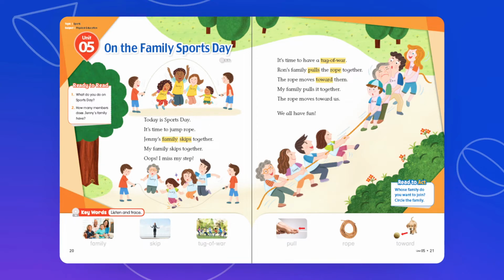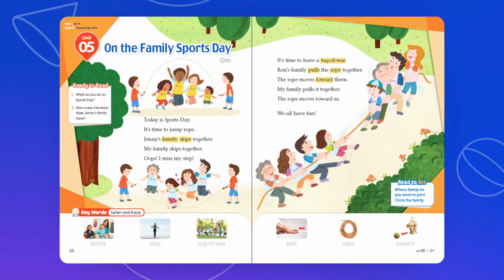Today is Sports Day. It's time to jump rope. Jenny's family skips together. My family skips together. Oops!